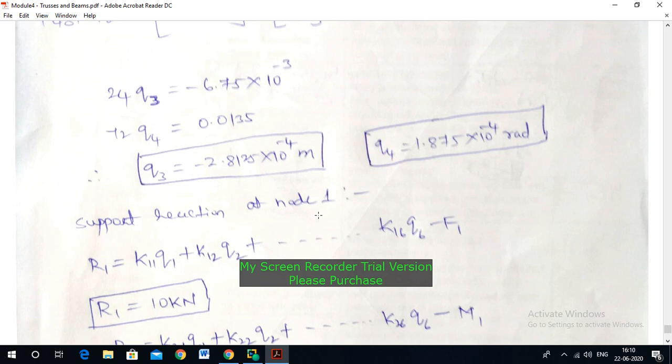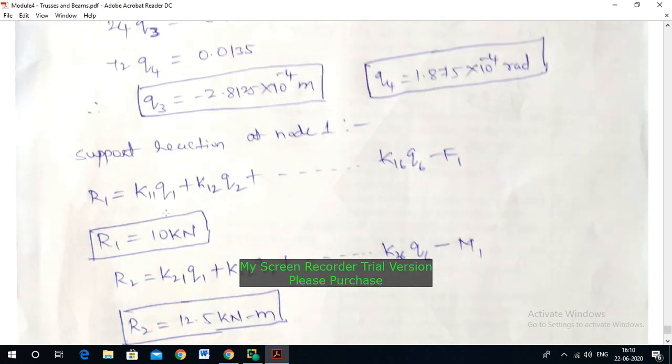The support reaction will always be calculated wherever the fixed end is there. Since node 1 and node 3 are fixed, we need to calculate the support reaction at node 1. At node 1 there are two reaction forces. To find the reaction force at node 1, R1 is equal to, this is the standard formula we should remember, K11 Q1 plus K12 Q2 plus up to K16 Q6 minus F1.